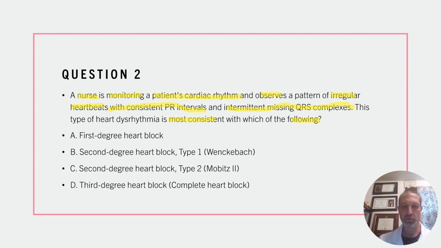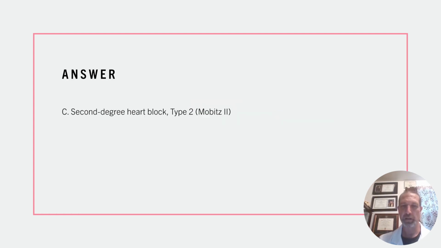Out of these choices, what do you think this is going to be? Irregular heartbeat with consistent PR intervals and intermittent missing QRS complexes. If you guessed second degree heart block type 2, Mobitz 2, you are correct.